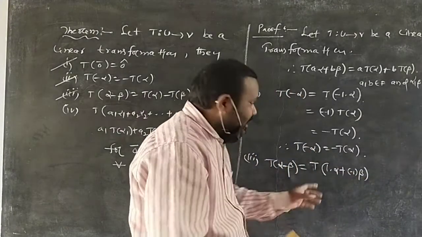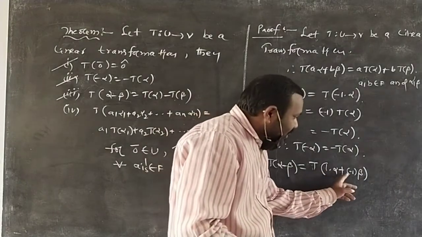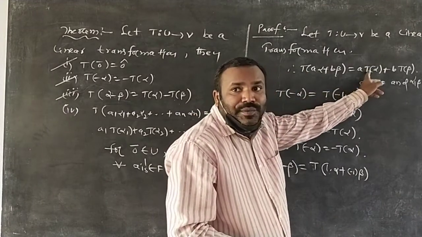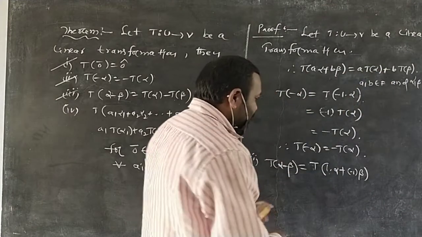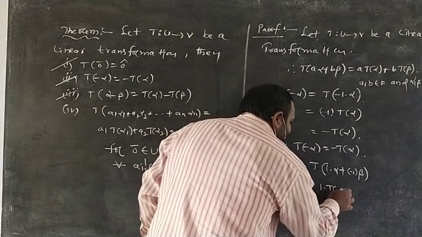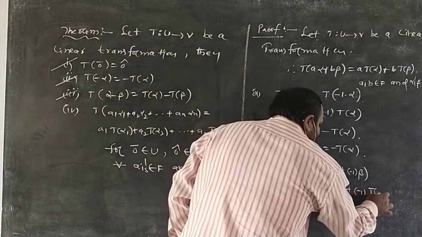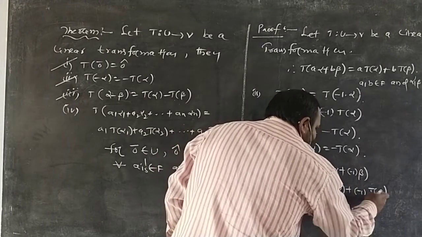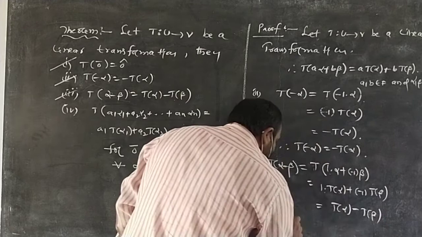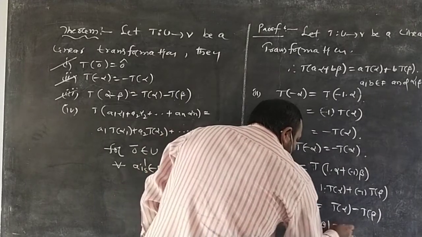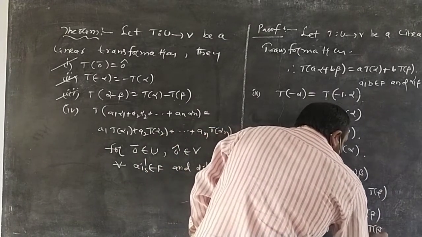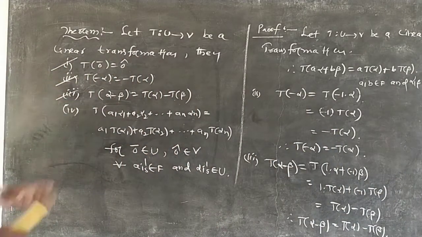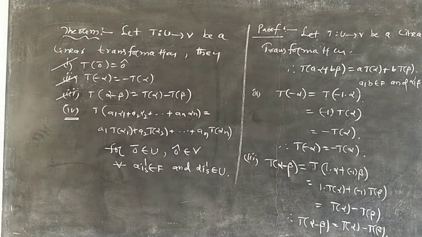It is just like T of A alpha plus B beta, which can be written as A into T of alpha plus B into T of beta. So this equals 1 into T of alpha plus minus 1 into T of beta, which is T of alpha minus T of beta. Therefore, T of alpha minus beta equal to T of alpha minus T of beta. So we have to prove the fourth one.